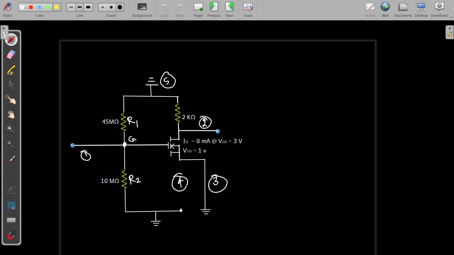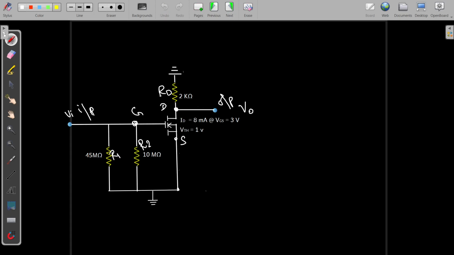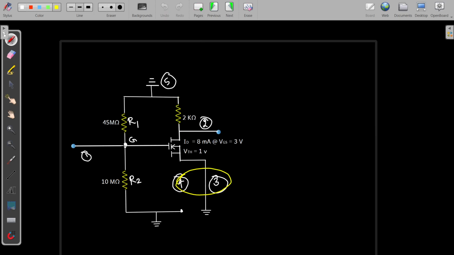So this fourth and the third together give you the short circuit line. Okay, so you will be getting this modification again like this. And here you see this is your gate point, right? And one arm of this 45 mega ohm is connected here, the other end is grounded. So this particular portion can be actually redrawn something like this. Okay, so here you will be getting this 45 mega ohm instead of this.